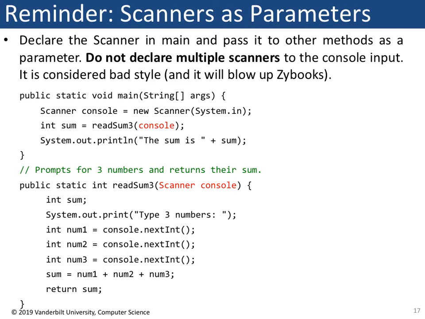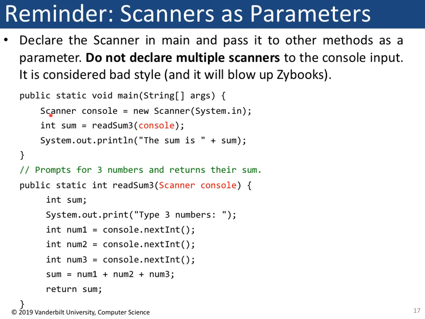So what I mean by that is you have to pass the input stream, System.in, to the Scanner constructor in order to build a Scanner object that looks at the keyboard console input stream. So you don't want to have two things looking at the input stream, because some compilers can't handle it, specifically zyBooks. So don't do it, because we're using zyBooks to grade everything. You'll get a bad grade.